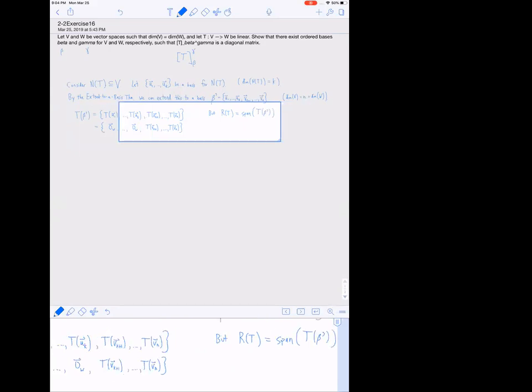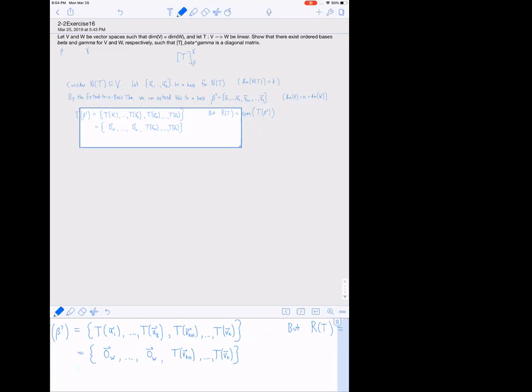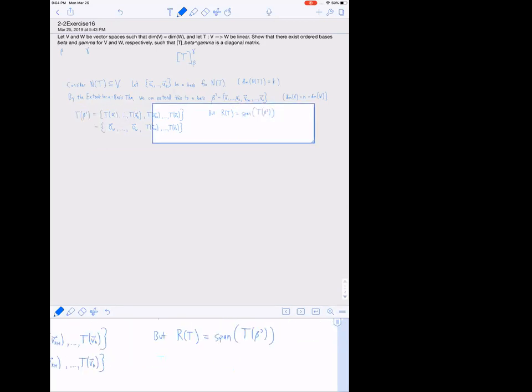Since T of beta prime consists of a bunch of zeros together with the remaining vectors, this is exactly the same as the span of the set T of VK plus 1 up through T of Vn, since zero vectors do not increase the span of the set.